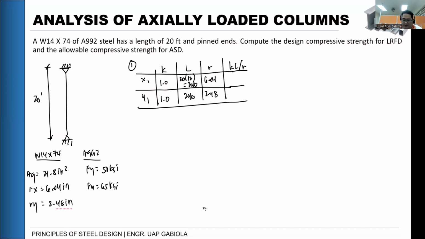So KL over r, 240 divided by 6.04. So we have 39.735. And then we have 240 divided by 2.48. We have 96.774. Okay? So ito yung nag-govern. Okay? Max KL over r natin is equals to 96.774. Therefore, weak axis governs.